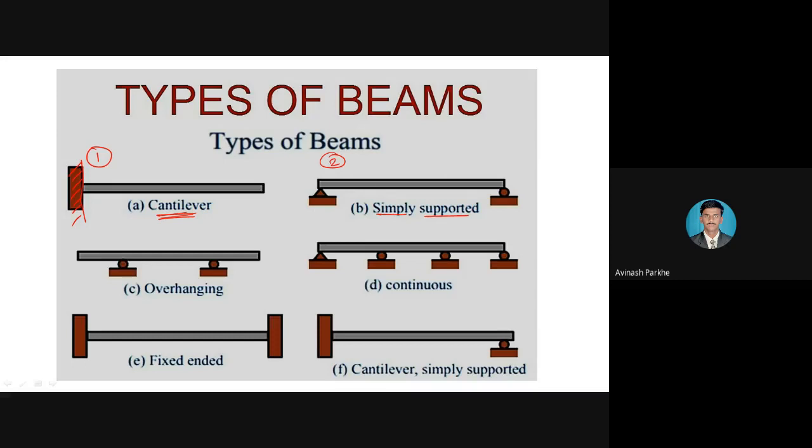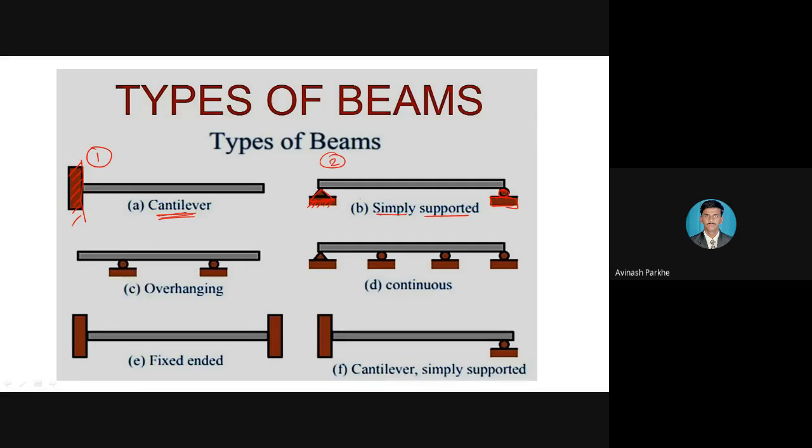Now in this second figure, you can see one horizontal beam structure and it is supported at the two ends. This is the one support at the left side and this is the other support at the right side. That means at the two ends of the beam, only at these two ends is the beam supported. Therefore this beam is called a simply supported beam.